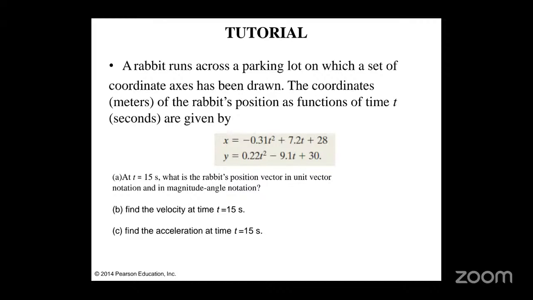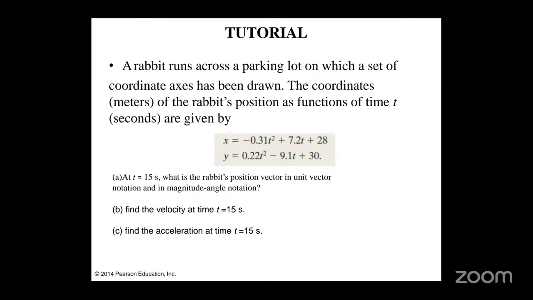So remember, when you are asked to find position vector in unit vector notation, what the question is asking you to do is find the position, that is the displacement, and then represent your answer in component form, that is IJK form.